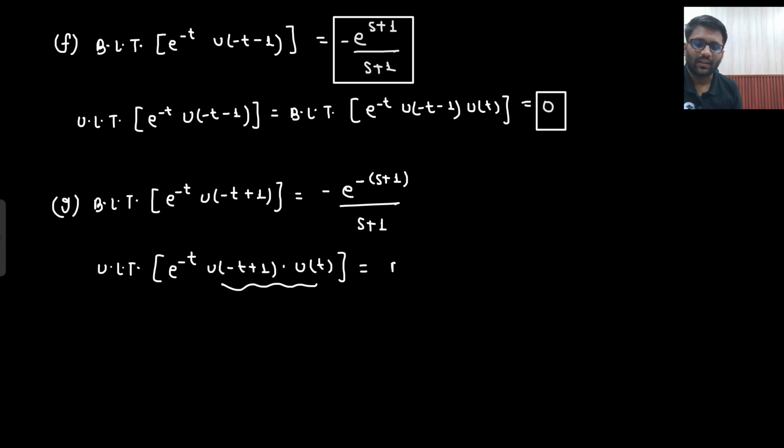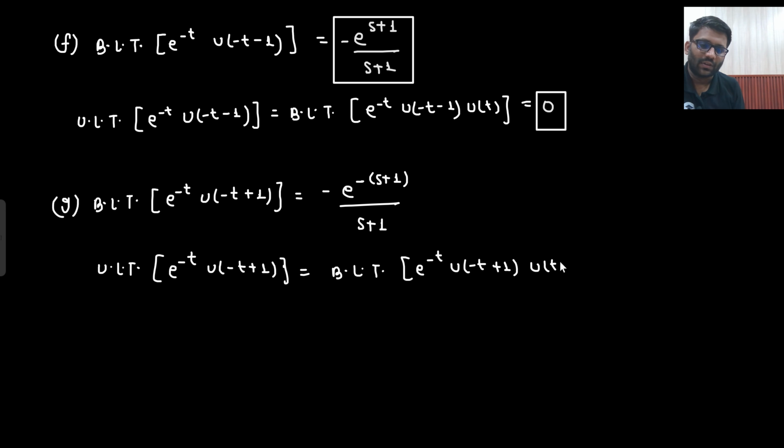So that would be a rectangle. This would be equal to the bilateral Laplace transform of e to the power minus t, u of minus t plus 1 into u(t). So this would be equal to the bilateral Laplace transform of e to the power minus t u(t) minus e to the power minus t u of t minus 1.